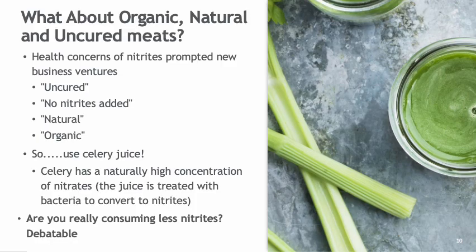So they have to substitute nitrites with something else. What they did is they used celery juice. Celery has a high concentration of nitrates, and then they use a specific culture of bacteria to convert nitrates into nitrites. And then they add celery juice to these deli meats, and then they can have claims like uncured, organic.